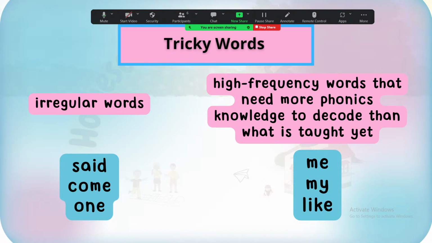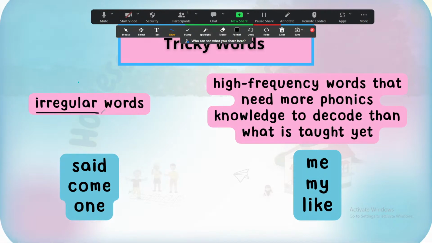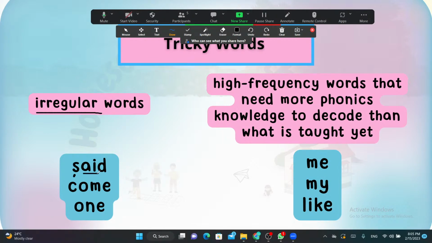As the name suggests, there is something tricky, something to make our kids puzzled in the spellings of these words. Tricky words can be irregular words. Irregular means that their spellings are quite different to what they are pronounced, like said.